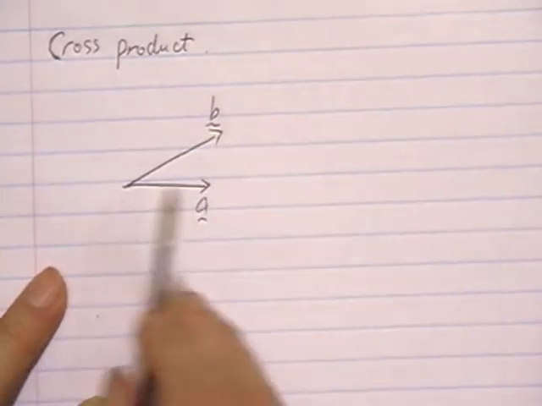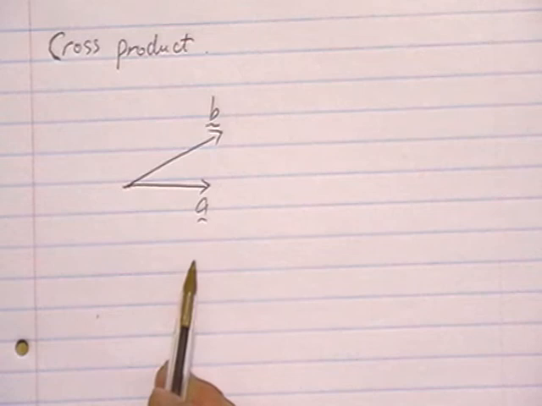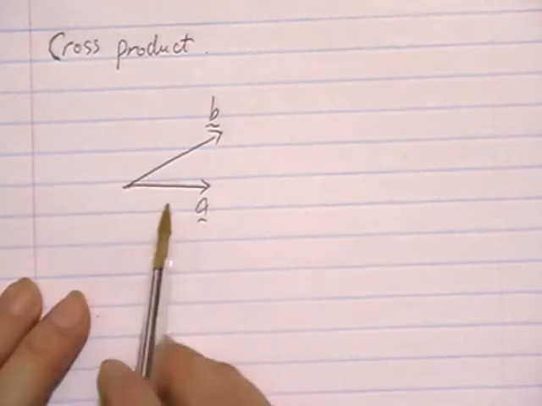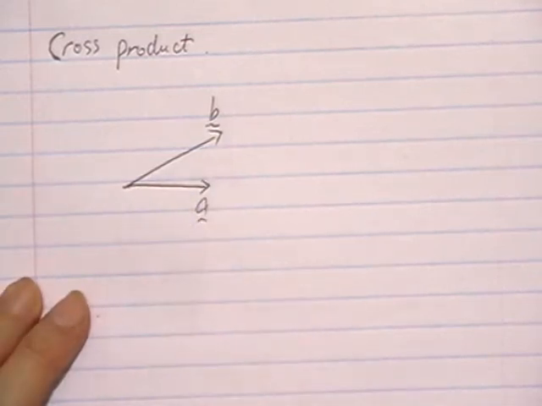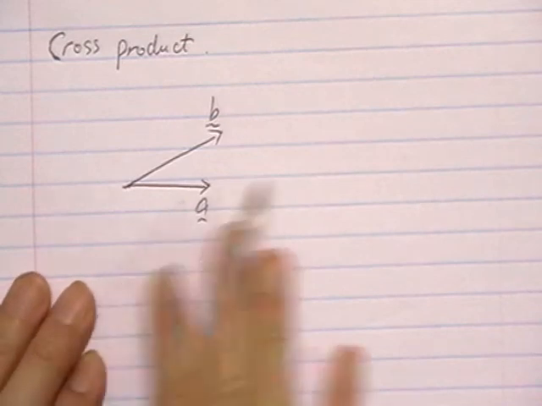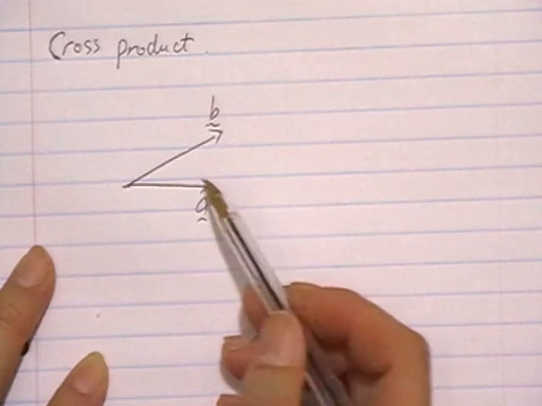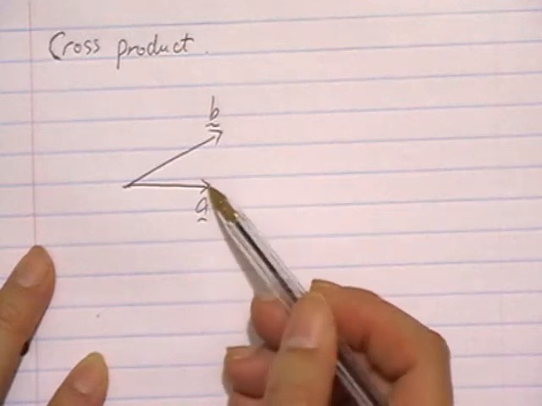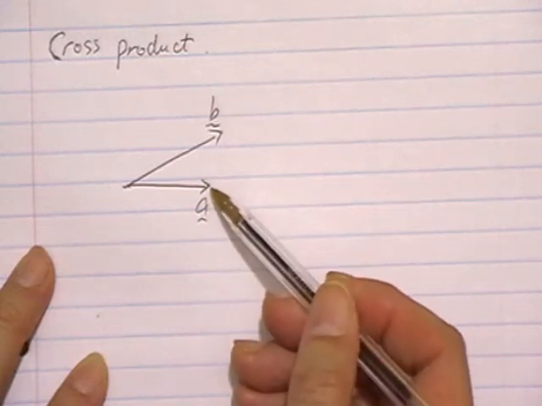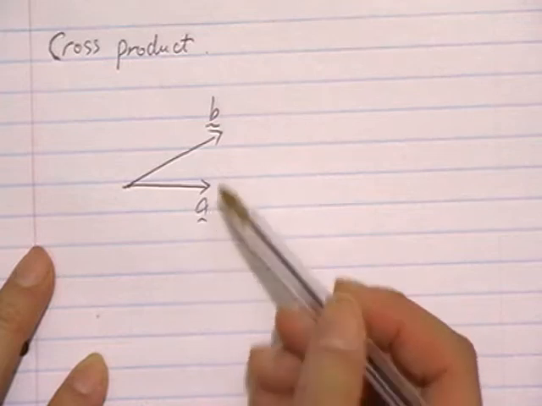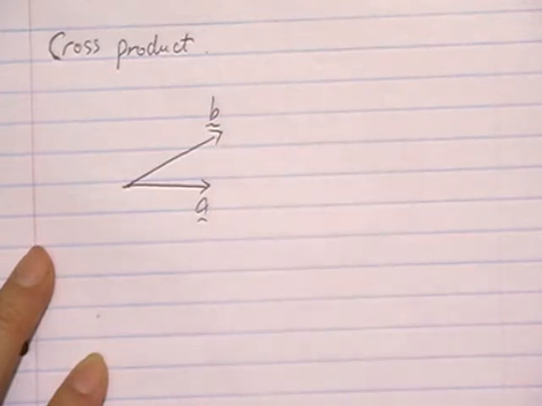Right, think of this as a three-dimensional drawing. It's a bit difficult since this is just a piece of paper, but imagine that A is slightly in front of the paper and B is slightly behind the paper.